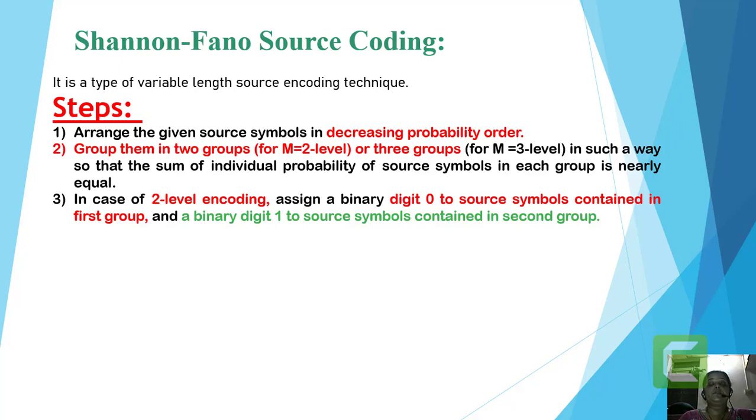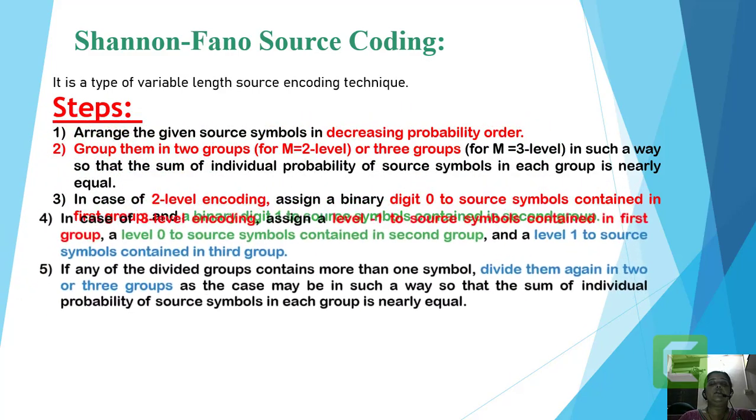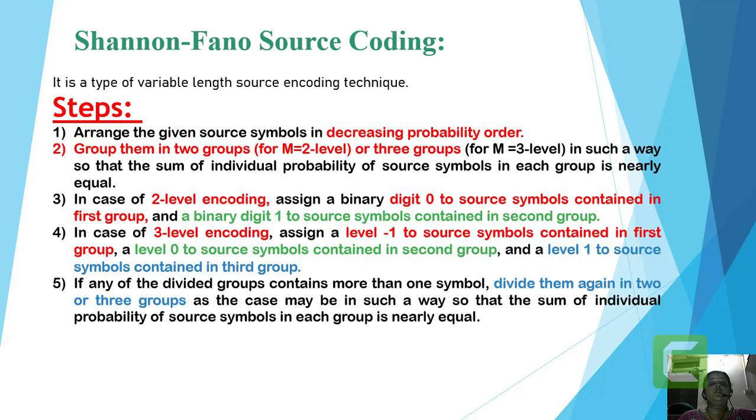If it is a 2-level encoding, then we have to assign the digit 0 to all the source symbols contained in the first group, and the digit 1 to the source symbols contained in the second group. But if it is 3-level encoding, that is, the m value is 3, then for digit assignment to each group, we have to use -1, 0 and 1 correspondingly for the first, second and third group.